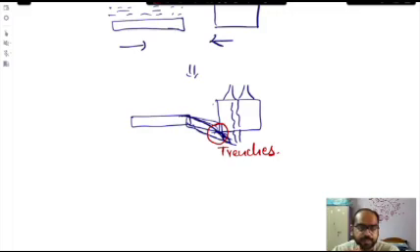So trenches are associated with convergent boundaries.